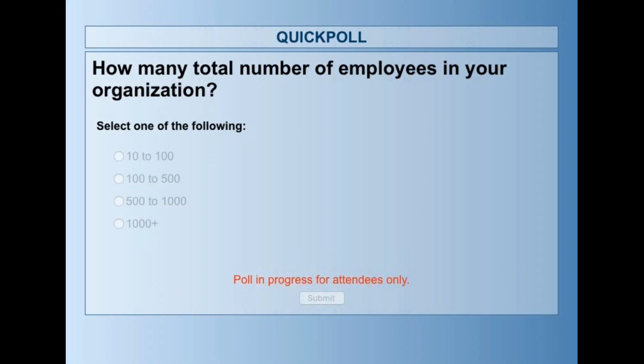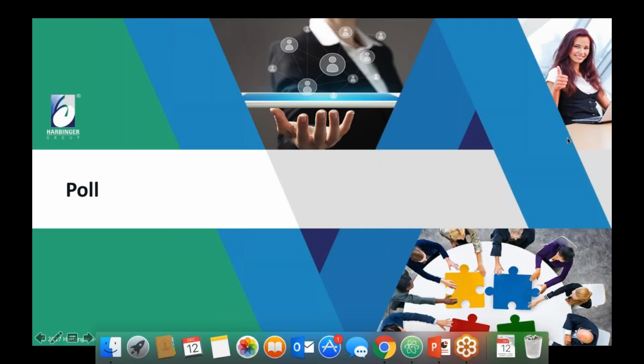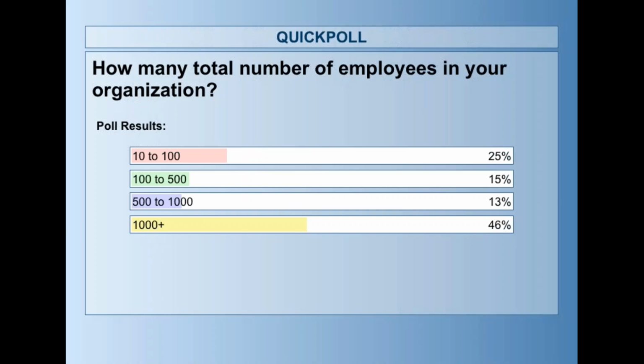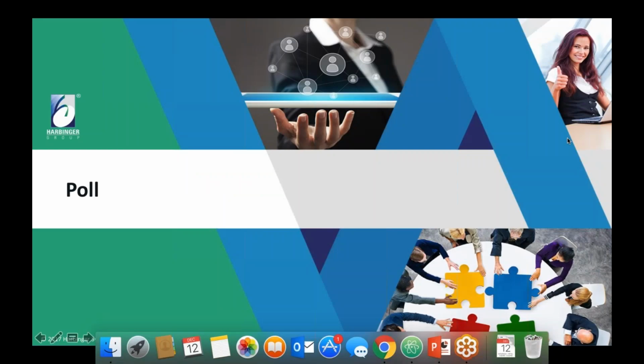Okay, so 44% is over 100,000. Okay, so that's the result. Thank you very much for sharing and responding to this. That will help us walk you through better as we go along in this presentation.